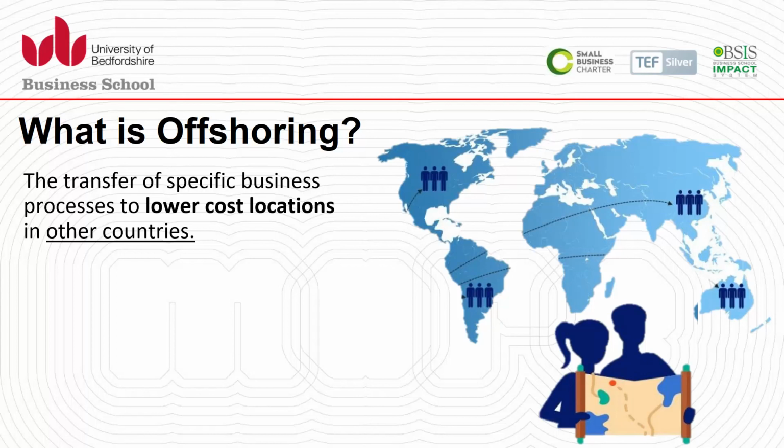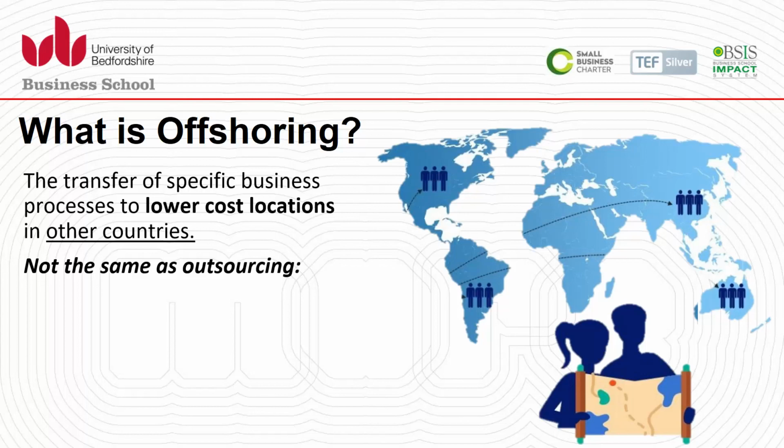So outsourcing and offshoring: if the work can be done, or the company wants to relocate a number of its activities or part of its operation to another country or another part of the world, that is the transfer of specific business processes to lower cost locations in other countries, basically offshoring. It's not the same as outsourcing, where we have to ask a third party for providing certain products and services.